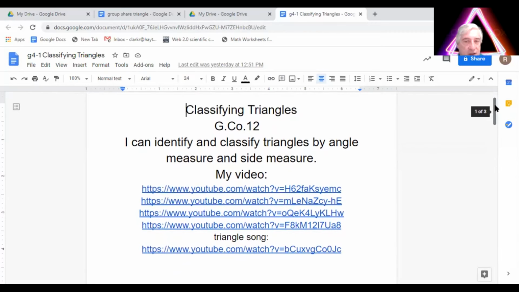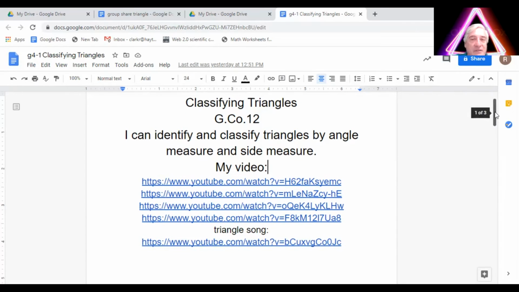G.CO.12: I can identify and classify triangles by their angle measure and by their side measure. My video, when we're done with this, will go right there. I've given you 4 other videos. If you don't get anything from mine, please go to one of those videos to learn the concept. I've also given you something called the triangle song, and we'll play that for you in class. It's a catchy little tune that might actually help.